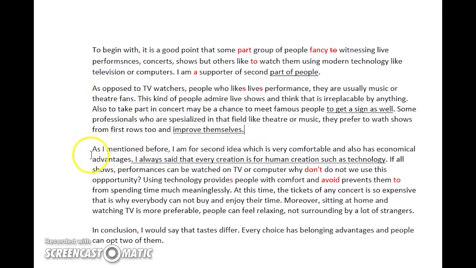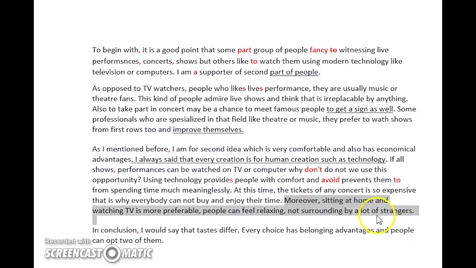Here, in the second body, you touched some important points about the topic, like economical advantages, or moreover sitting at home and watching is more preferable by people who cannot get relaxation when they are surrounded by a lot of strangers.